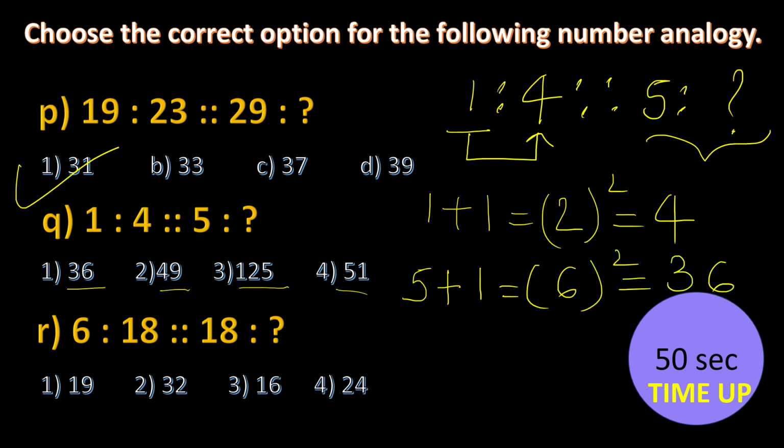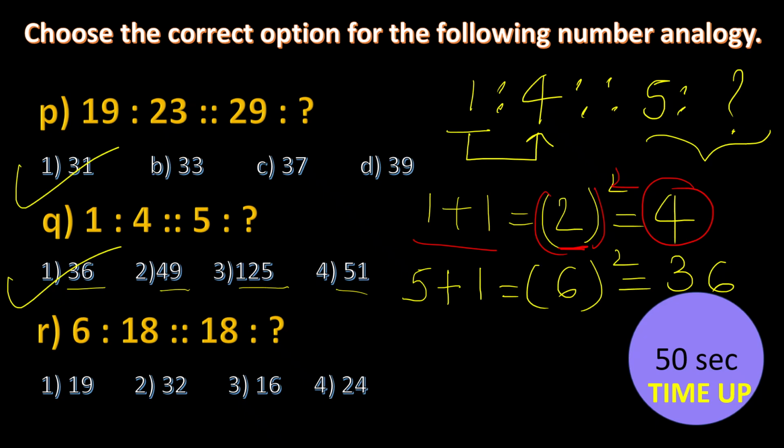So answer is 36. Understanding, right? So what I did here, 1 plus 1 I did, which will give you 2. But 2 square is what? 4. Same logic I'll apply here. 5 plus 1 I did, which will give you 6. 6 square you need to do, which will give you 36.